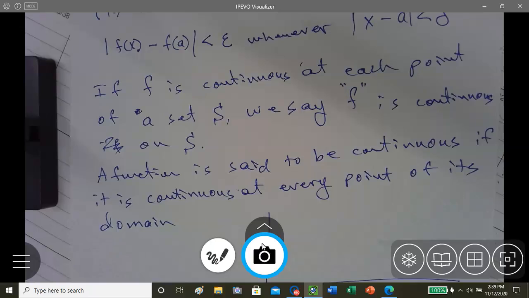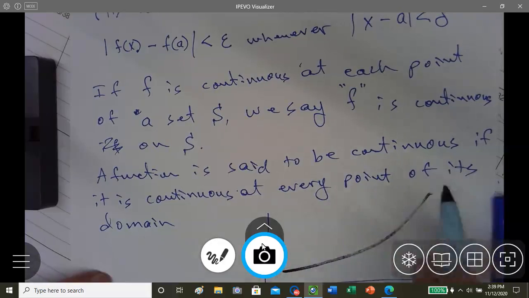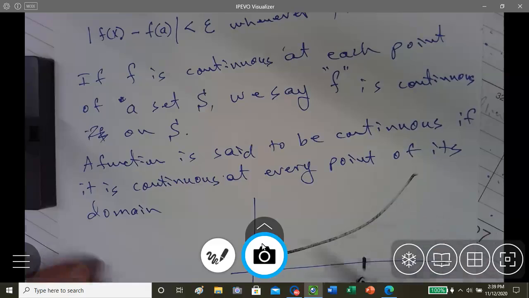So basically, here we have a graph, and we'll show that it's continuous. Here's point A, and that is going to be f of A. Of course, that'll be our limit.